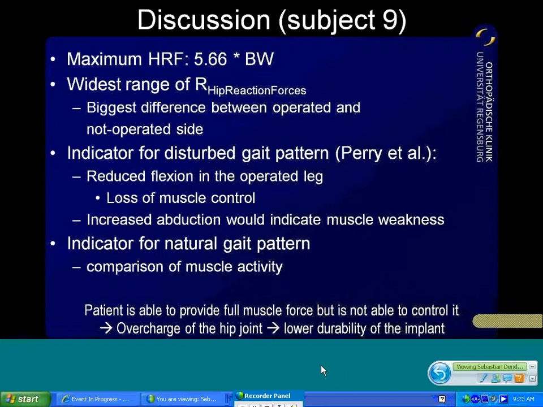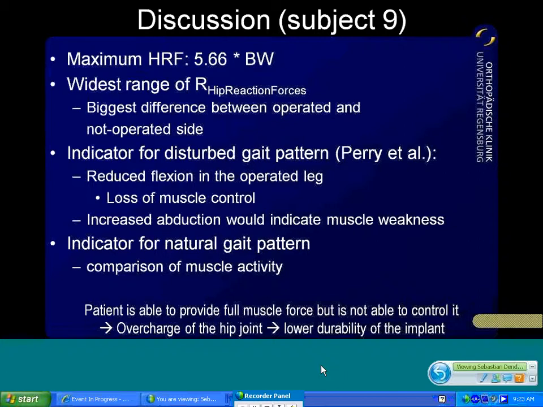According to Perry et al., the indicator for a disturbed gait pattern would be a reduced flexion in the operated leg, which shows a loss of muscle control, which we actually found to be in subject 9. An increased abduction, however, would indicate a muscle weakness. We didn't find the abduction to be increased, actually.